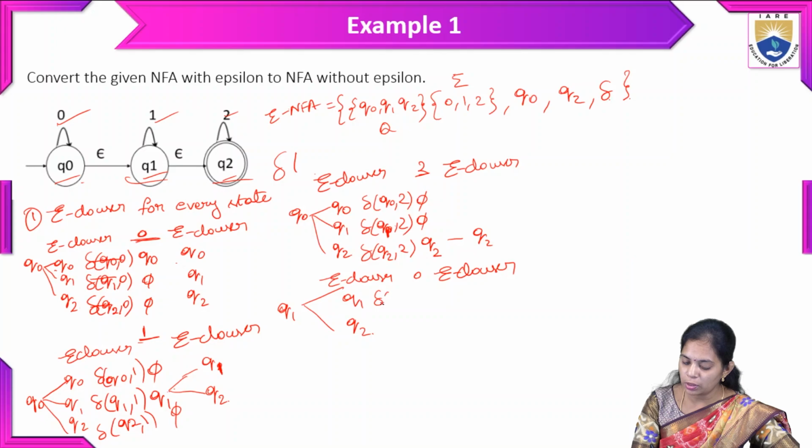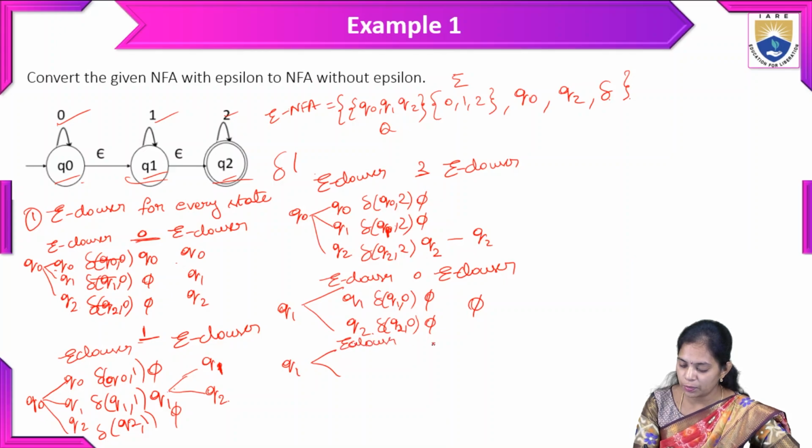For the 0 input, transition of Q1 comma 0 and transition of Q2 comma 0: Q1 with 0 is nothing, and Q2 with 0 is nothing. So there is no more value for this epsilon closure.